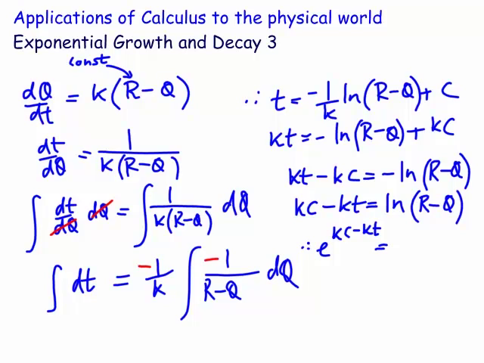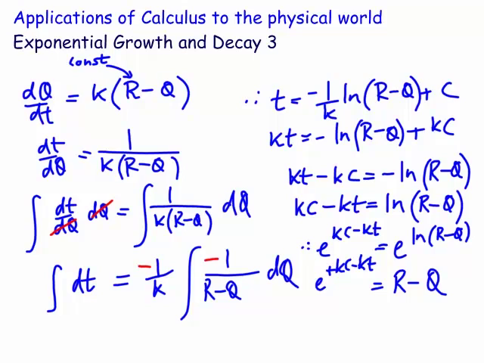So we now have e to the (kc minus kt) equal to e to the ln(r minus q), and these are inverse functions, so this just drops out to r minus q. This is equal to e to the (kc minus kt), actually positive kc minus kt.